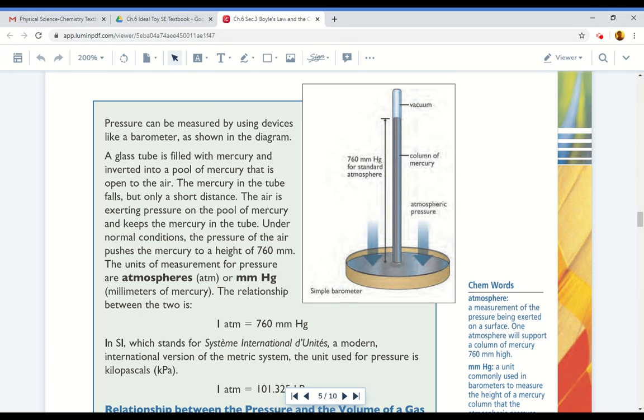Under normal conditions, the pressure of the air pushes the mercury to a height of 760 millimeters. The units of measurement for pressure are atmosphere, ATM, or millimeters of mercury. The relationship between the two is 1 atmosphere equals 760 millimeters mercury.